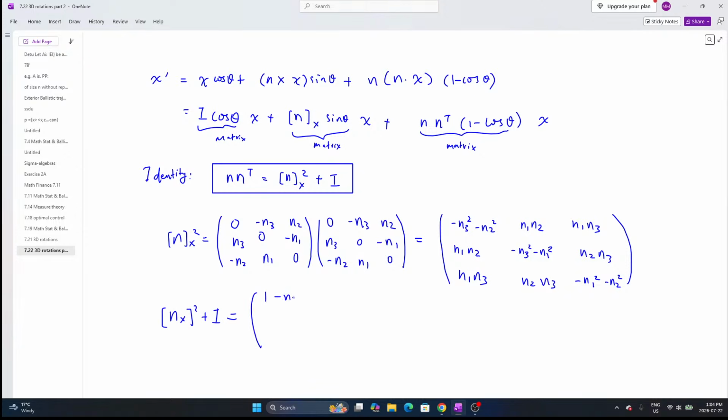So 1 minus n3 squared minus n2 squared. You see here, the fact that n is a unit vector comes into play, because the first entry is just n1 squared. So this is indeed n times n transpose. What a nice result.